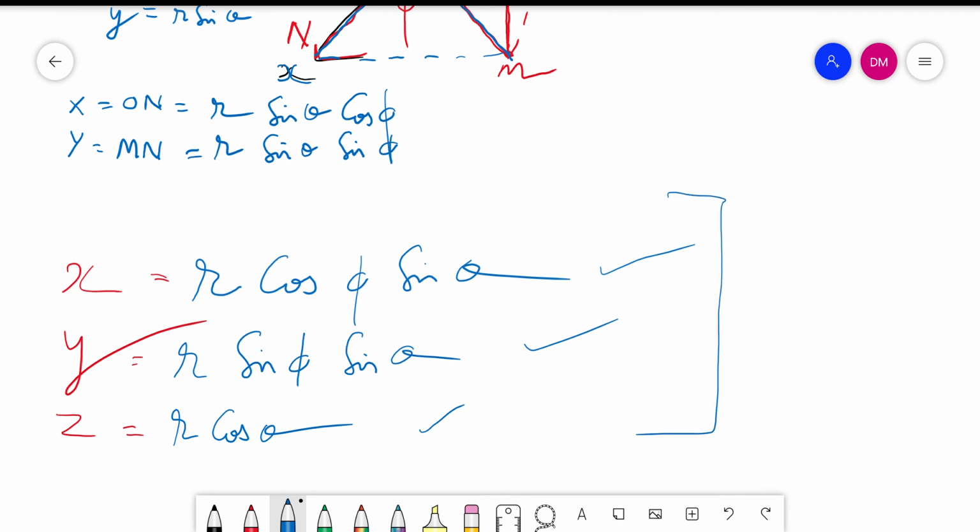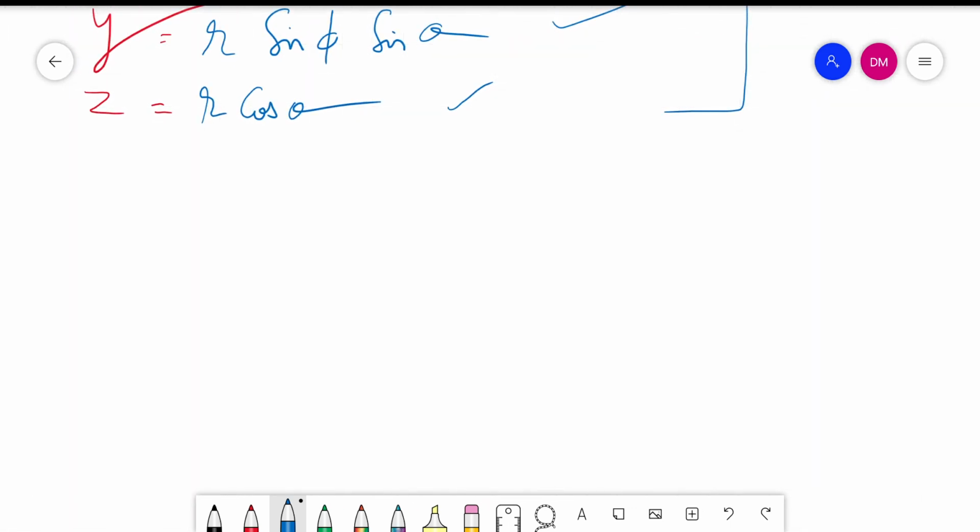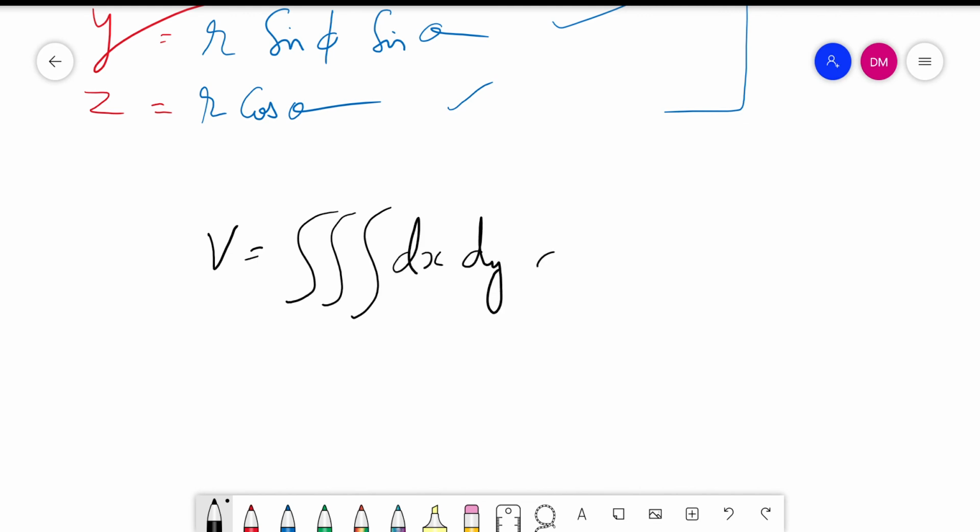So again, while we are dealing with cylindrical or spherical polar coordinates, main questions come related to volume. How can you find the volume? Basically, volume is your triple integration, again that same thing dx dy dz, but here you need to modify it.